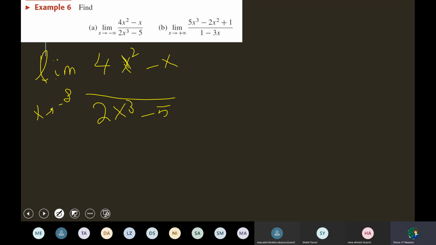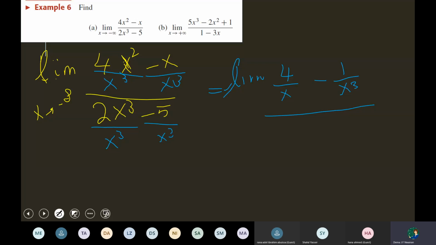After that, I said that the highest power in all of them is x cubed. So I divide each term by x cubed. After that, the limit. Let's simplify. 4x squared over x cubed is 4 over x, minus 1 over x cubed, over 2 minus 5 over x cubed. Is it clear? I just simplify.